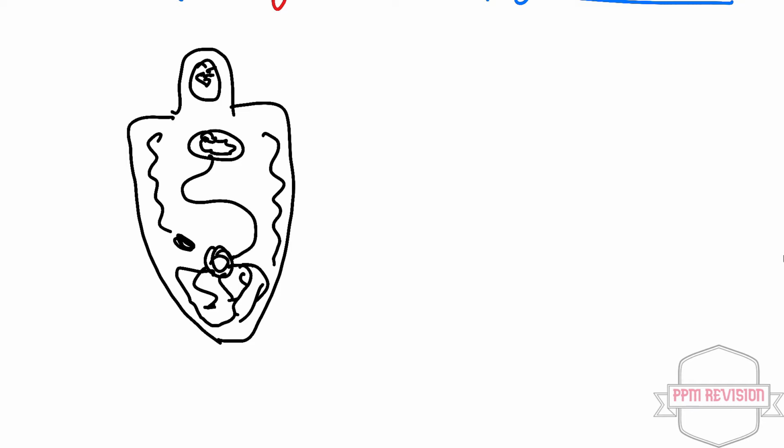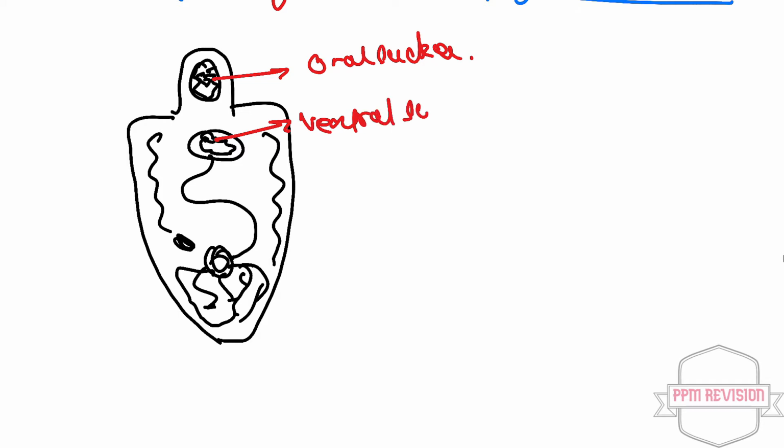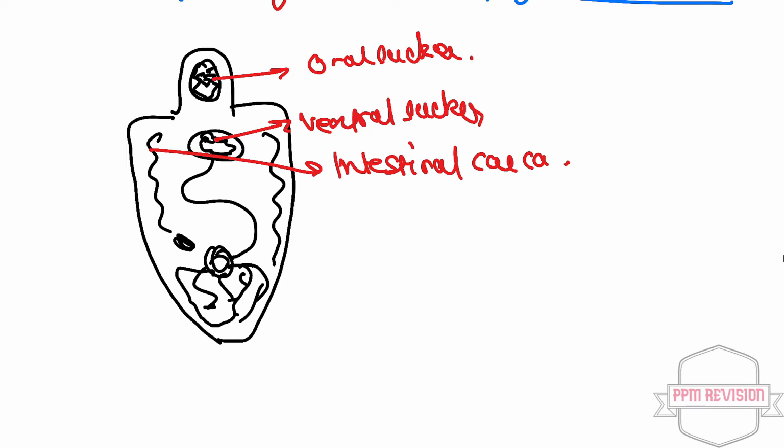Let me quickly label them. Oral sucker. This is the ventral sucker. This is the intestinal caecum. This is uterus, ovary, the testis.